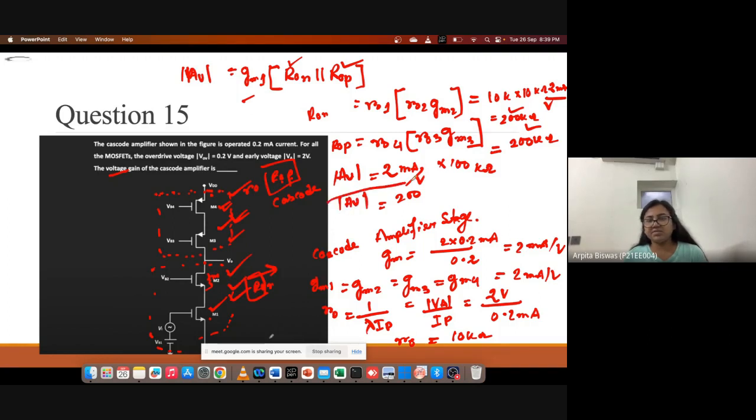It is clear how we calculated: find the equivalent R naught on each side, take them in parallel, and multiply by gm1. All the values are the same since all the transistors are identical. So AV is equal to 200.